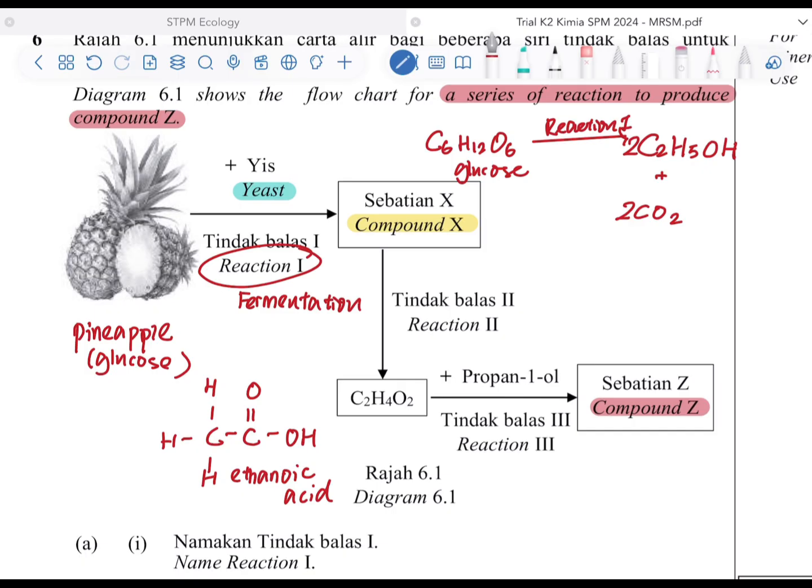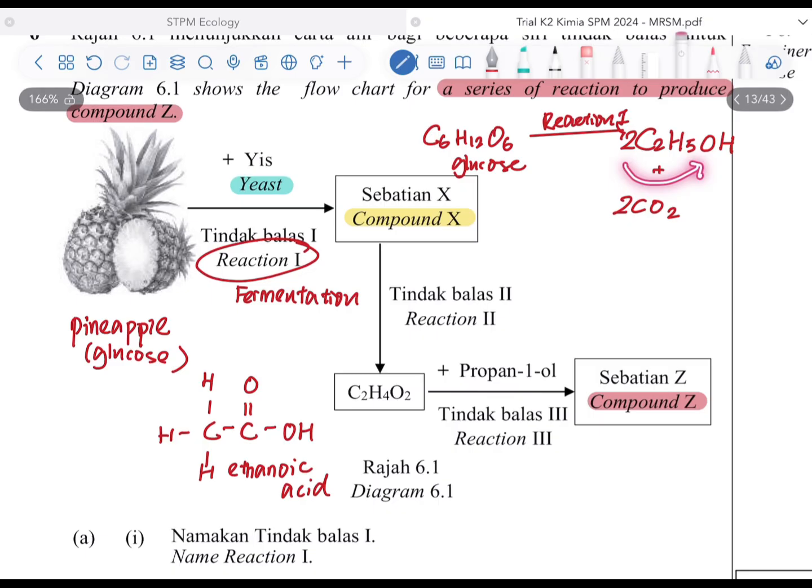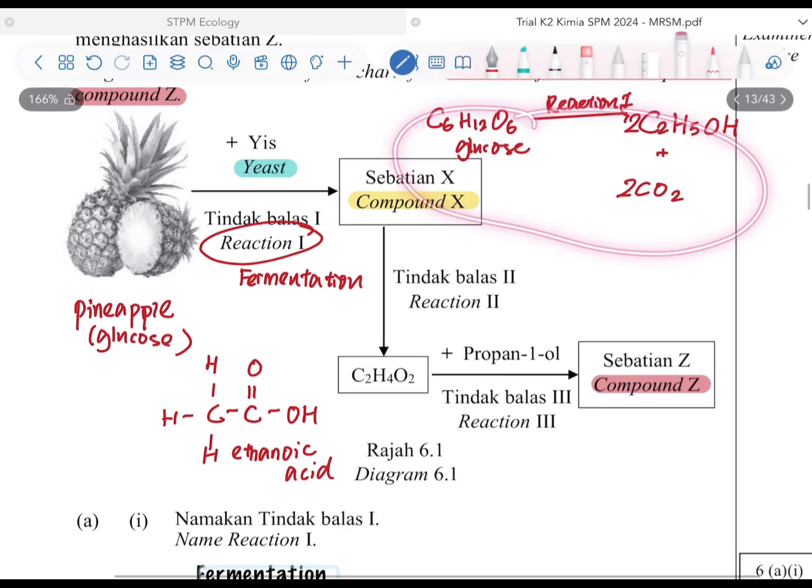So let's see whether this equation is balanced or not. We have 6 carbon over here, and at the product side we have 2 times 2 is 4, 4 plus 2 is 6, and then oxygen we will have 2 times 1 equals 2 plus 4, which is 6. So okay, this is the balanced equation.